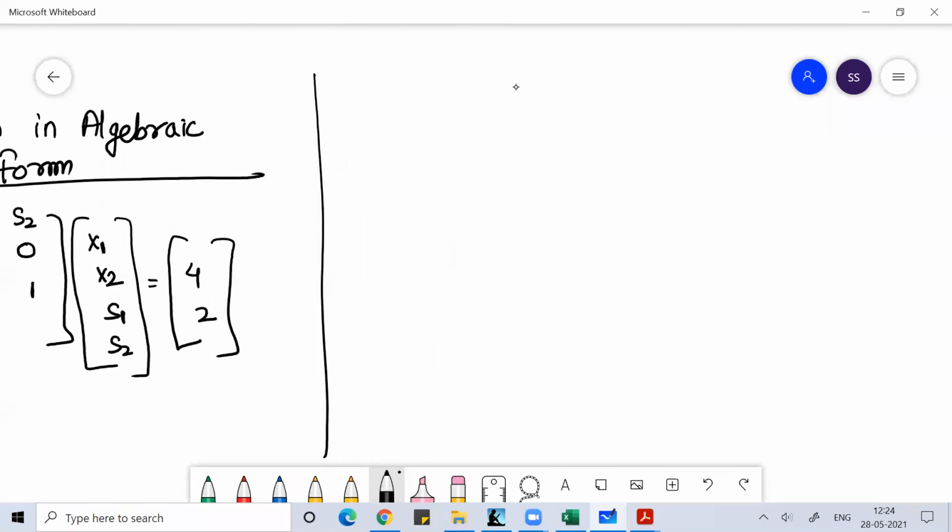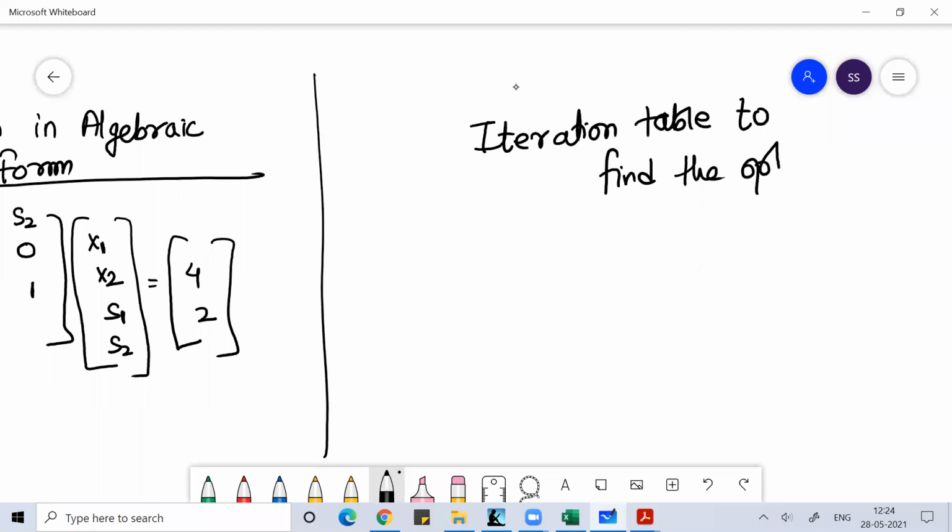Now solving the problem, I'll write a step-by-step iteration table. I'll draw the iteration table to find the optimal solution.